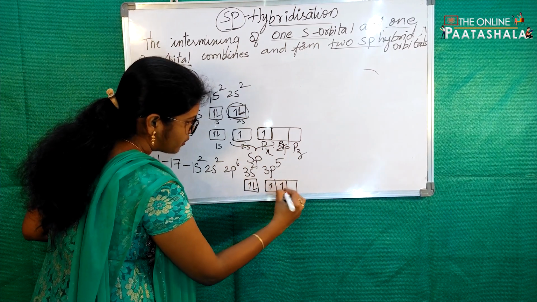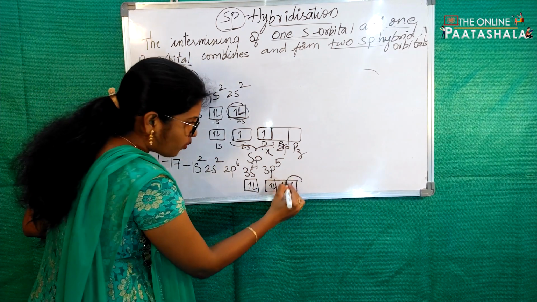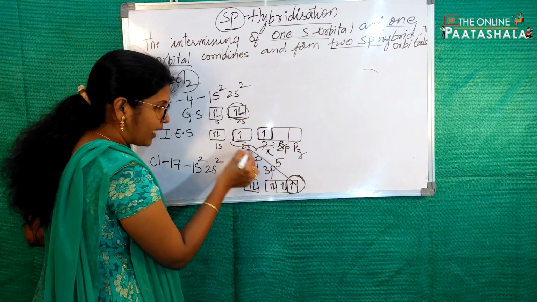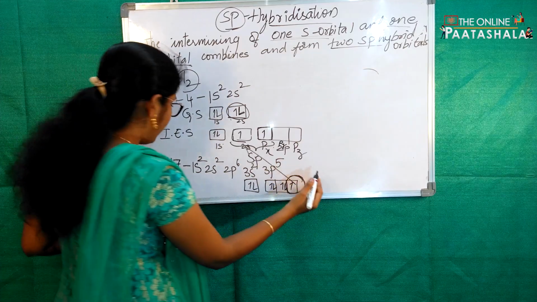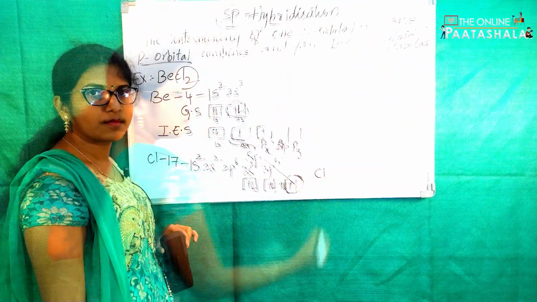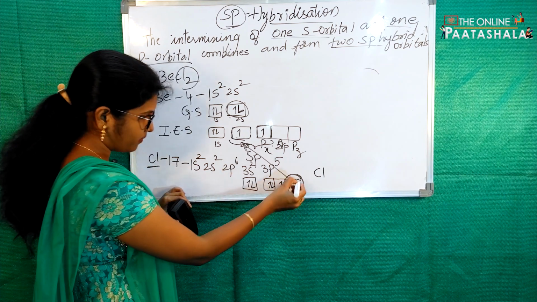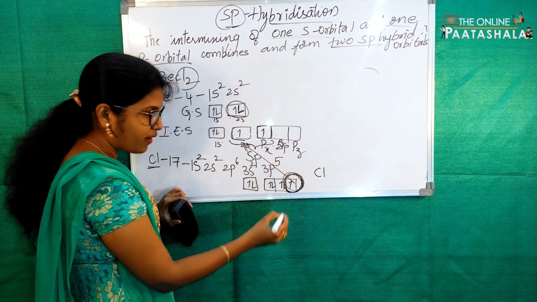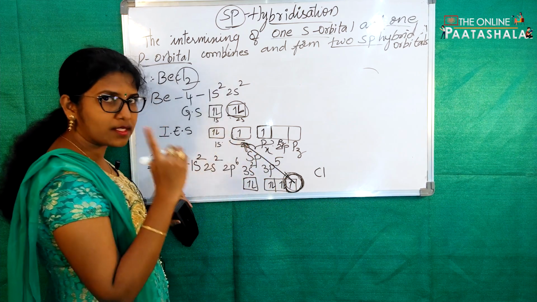One chlorine atom has an unfilled electron, and this orbital will overlap with the s orbital.